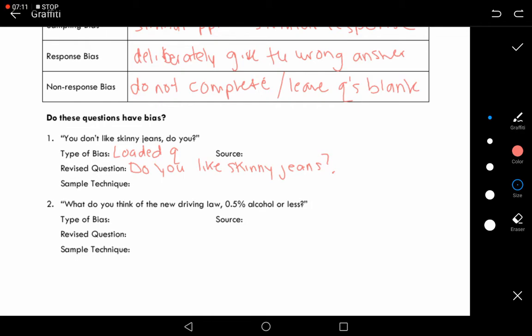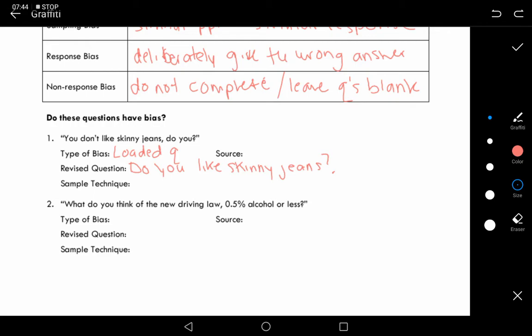What do you think of the new driving law, 0.5% alcohol or less? That's not a bad question, right? It's asking what do you think about this new driving law. Because you guys are in high school and it is illegal to drink, there's a possibility that if you asked high school students this question, they might have some response bias, right?